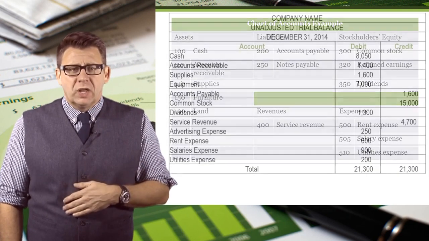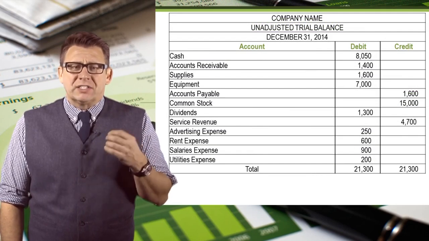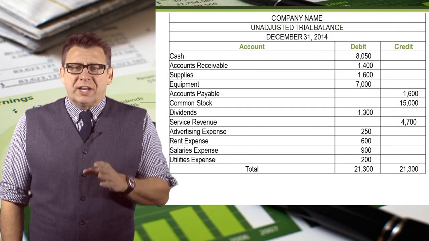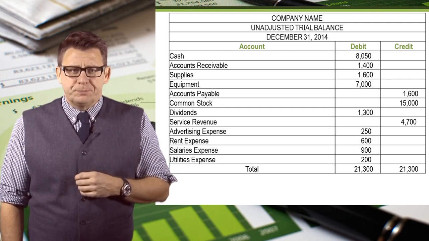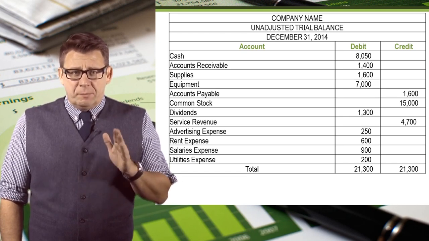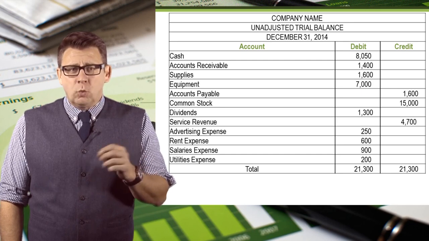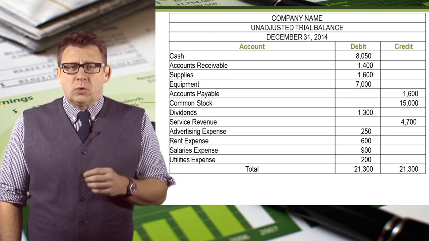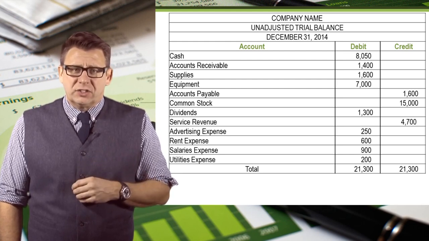So much of what we've covered in this video deals with the trial balance in general. I'd like to identify why this is an unadjusted trial balance. Specifically, other than telling us the balances of our ledger accounts at this time and whether or not our debits equal our credits, the unadjusted trial balance doesn't tell us very much.